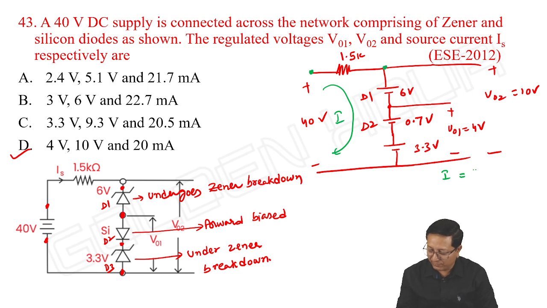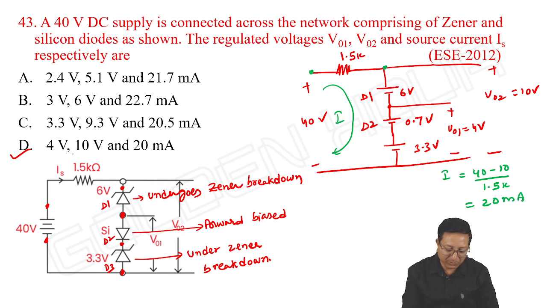Here the voltage is 10 with respect to ground. 40 minus 10 by 1.5K. So how much we get? It comes around 20 milliampere. 40 volts, 10 volts, 20 milliampere. Absolutely, we have got it. It's very, very simple.